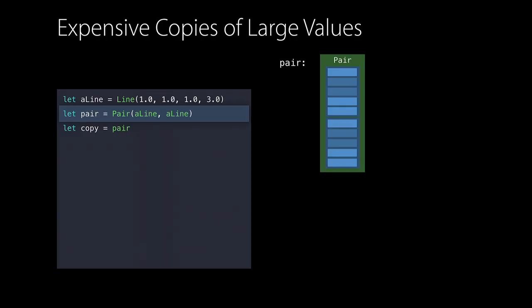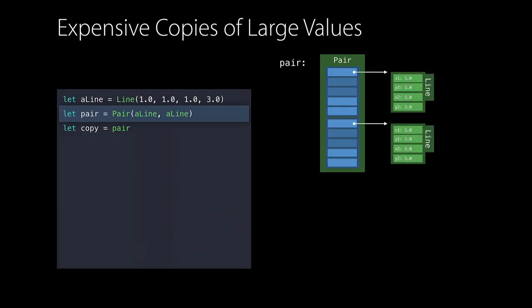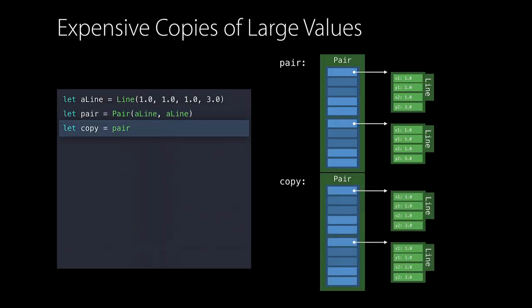So again, we create a Line, and we create a Pair and initialize this Pair with the Line. So we have 1, 2 heap allocations. And then we create a copy of that Pair, again, 2 existential containers on the stack, and then 2 heap allocations. Now you might say, Kyle just told us heap allocations are expensive. 4 heap allocations? Can we do anything about this?